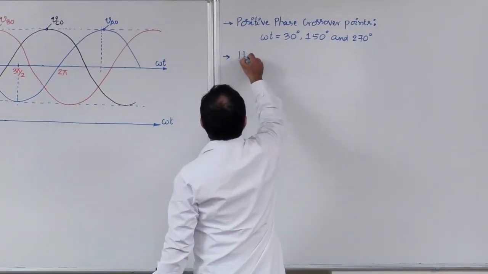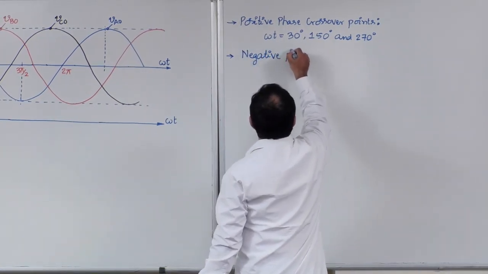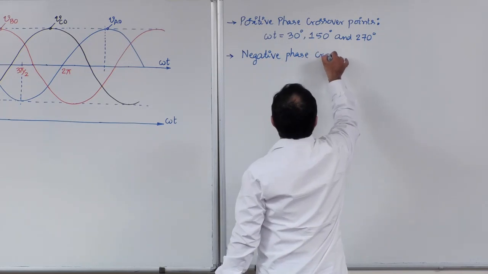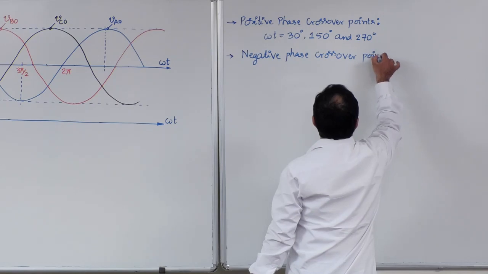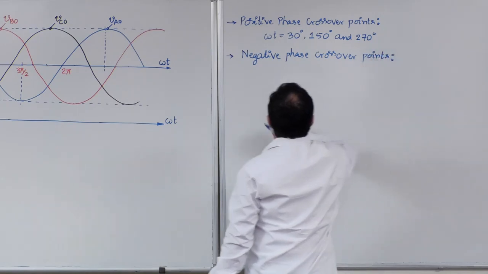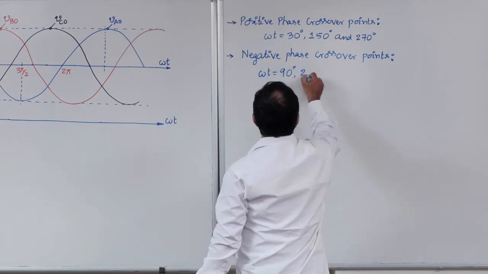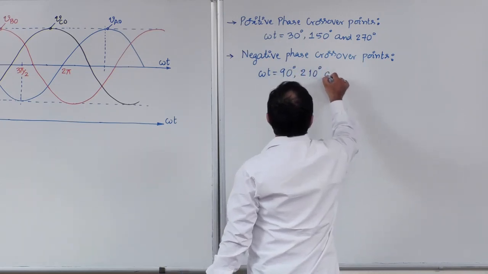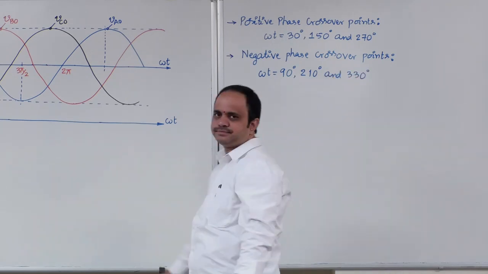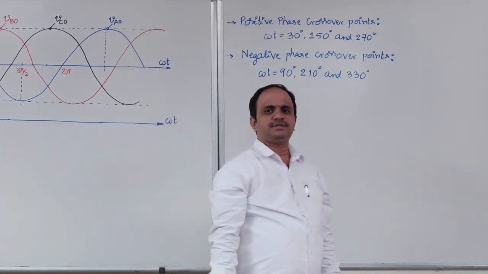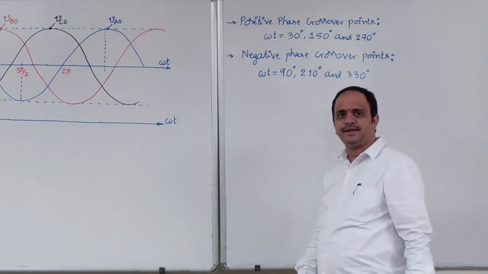Negative phase crossover points. Okay, what are that? Omega t is equal to 90 degree, 210 degree and 330 degree. Negative phase crossover points are 90 degree, 210 degree and 330 degree.